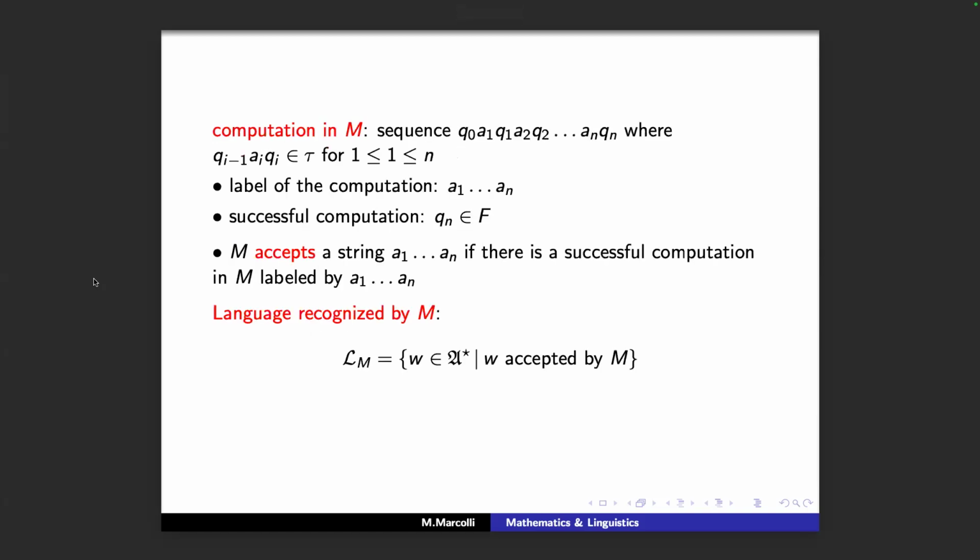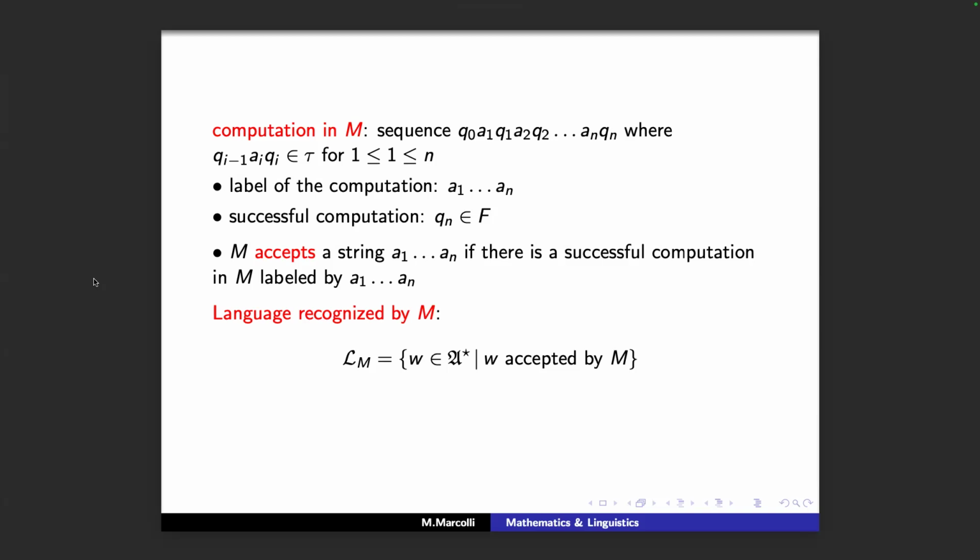A computation in a finite state automaton is a sequence of going around the edges of your directed graph. You can view it as a sequence of vertices that you traverse in this path, and the corresponding labels that you read on the edges you take along this path. This computation is labeled by the string of labels that you read on the edges. The finite state automaton accepts a certain string if there is a computation of that sort corresponding to this string.